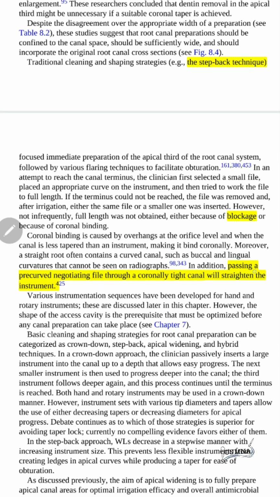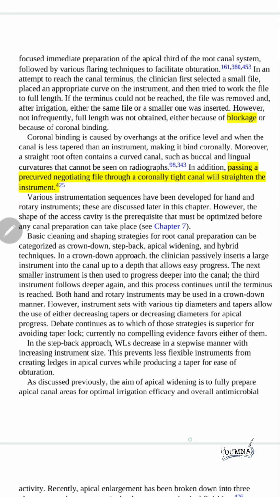Also, if the file has passed a pre-curved negotiation file through a coronally tight canal, it will re-straighten the instrument, and we may create a ledge because we are instrumenting a curved canal with a straight file.